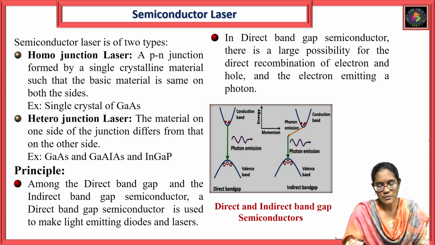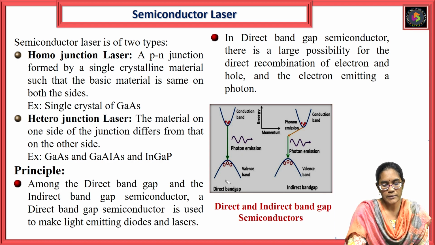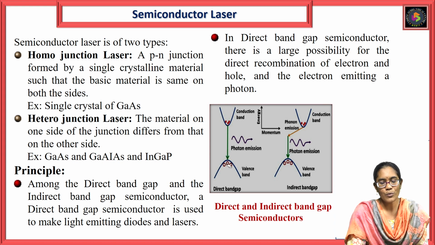This image shows the energy band diagram for the direct bandgap semiconductor and the indirect bandgap semiconductor. In the case of a direct bandgap semiconductor, there is a valence band and a conduction band. The electron hole pair recombination occurs without changing the momentum vector values.